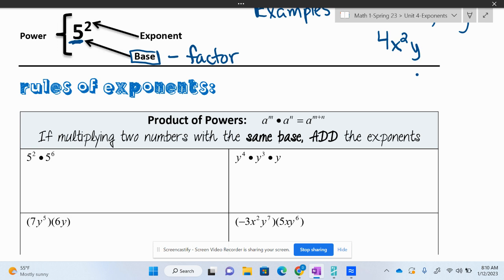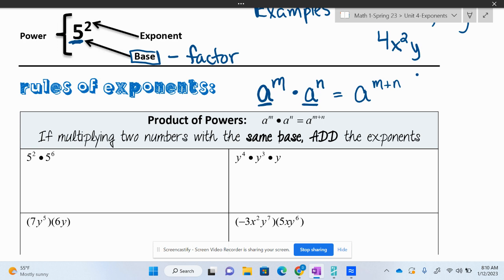With the same base, you just add the exponents. So your example, a to the power of m times a to the power of n. This is your base, and you would add the exponents.